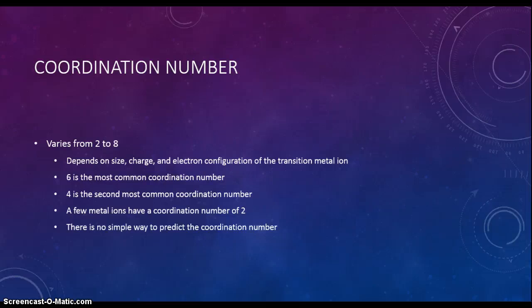The most common coordination number is 6, followed closely by 4, and some metal ions show a coordination number of 2. There isn't a simple way to predict the coordination number, but there are typical geometries for the different common coordination numbers.